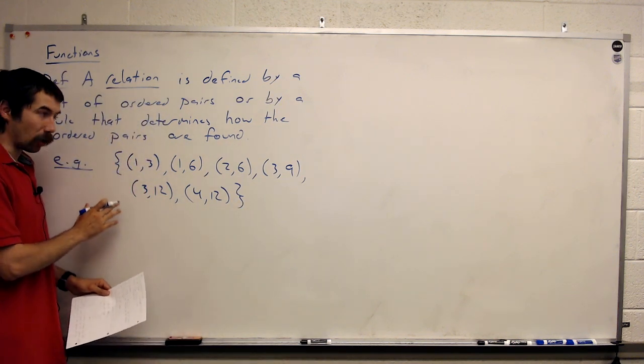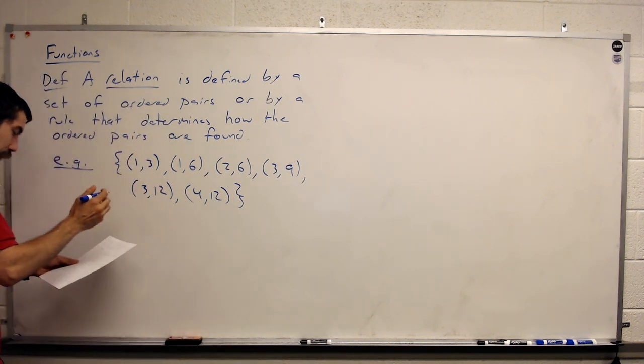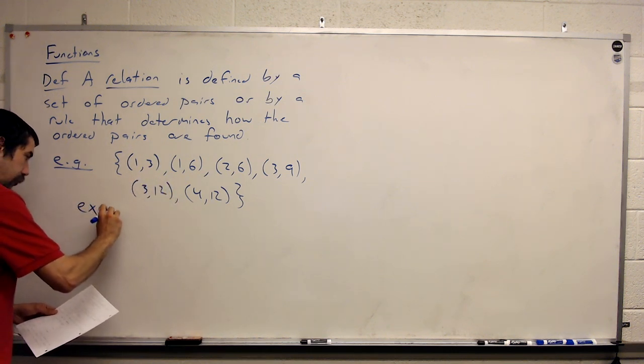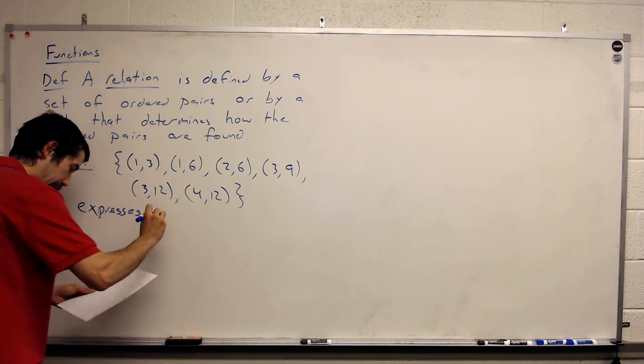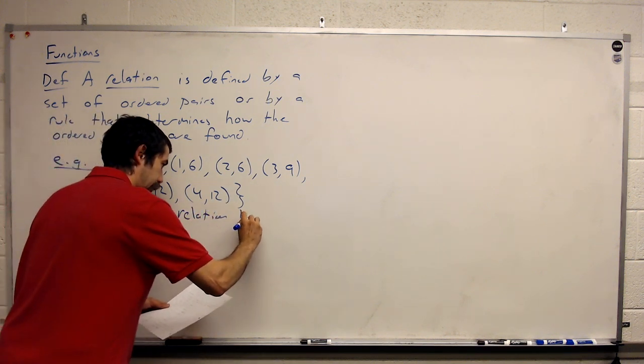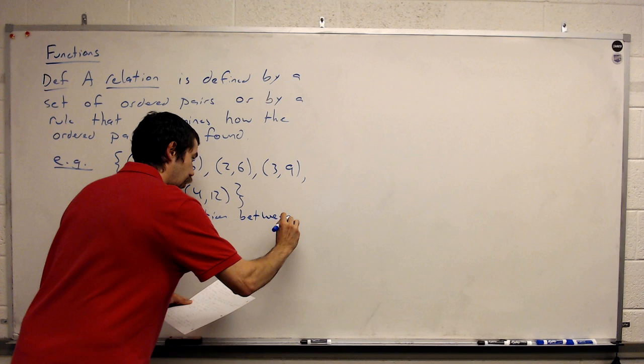So this set of ordered pairs expresses a relationship. So this set expresses a relation between the set.